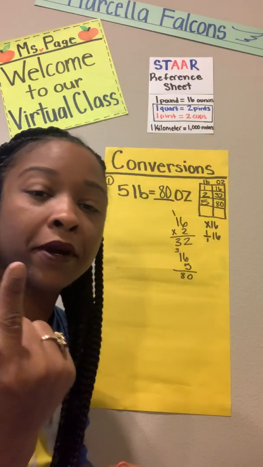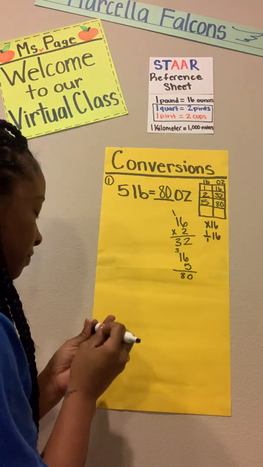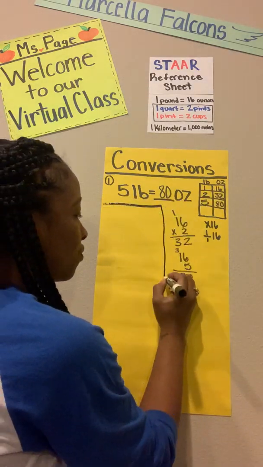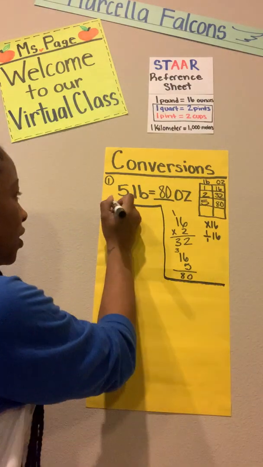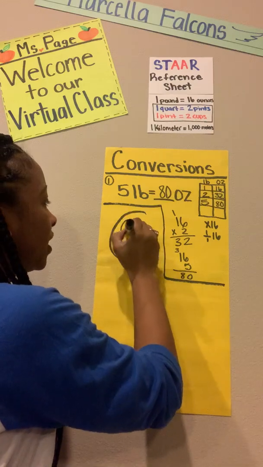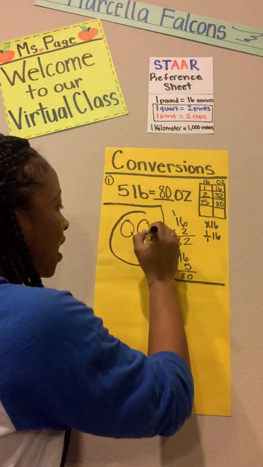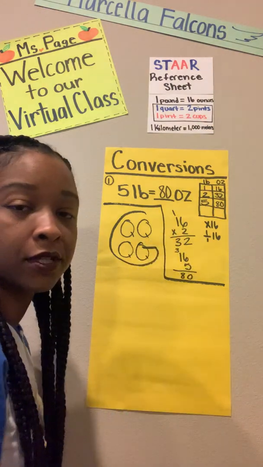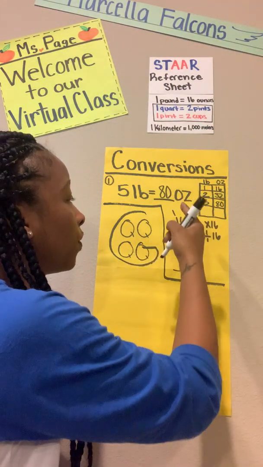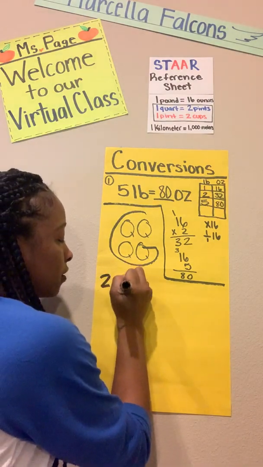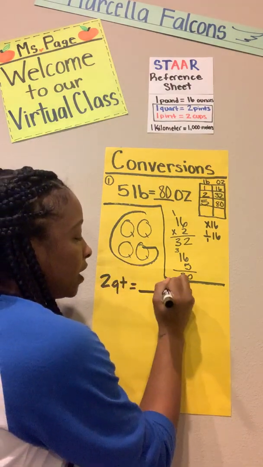So if you remember our King Gallon, I'm going to draw a line. King Gallon had 4 queens, and those queens represent quarts. And I know that in my problem, 2 quarts equals how many cups?